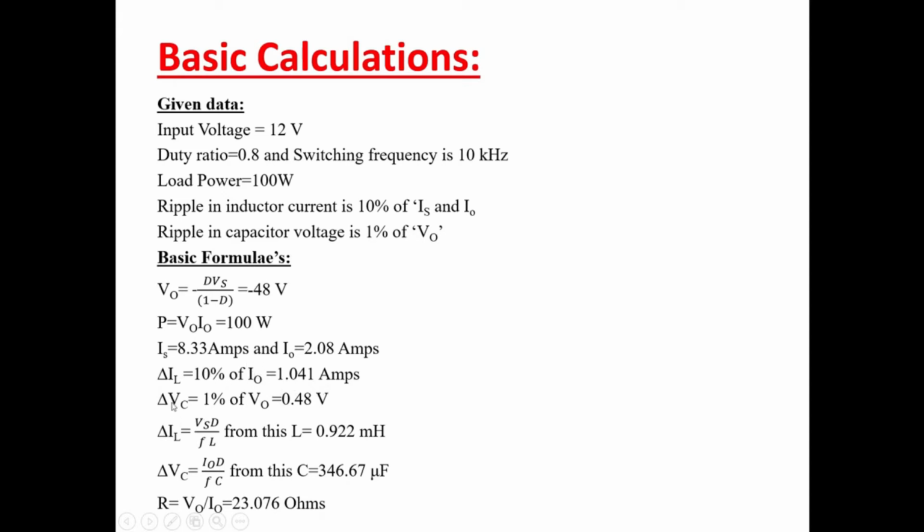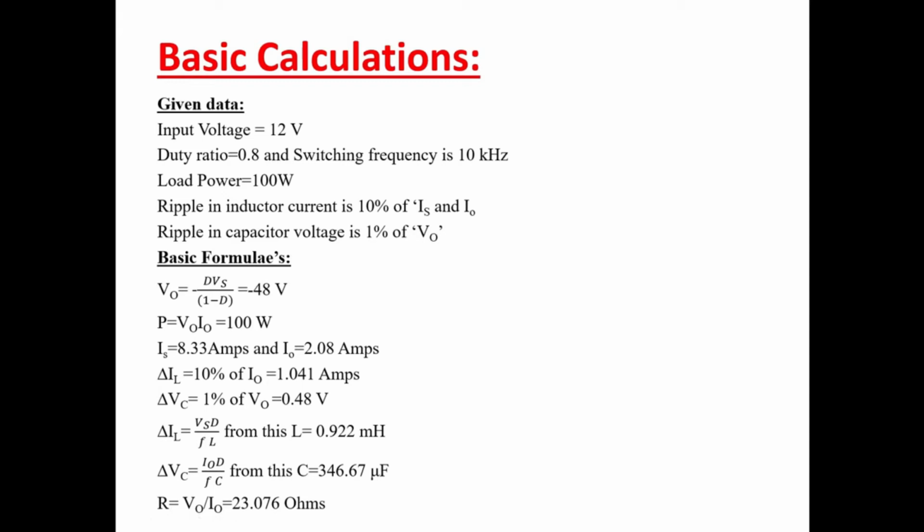And if you want to calculate ripple in capacitor voltage, that is 1% of Vo, that is 0.48 volts. After calculating delta IL and delta VC, we can find the capacitor value and inductor value, also the resistance value. After designing the capacitor, inductor and resistance values, we can go for MATLAB simulations.